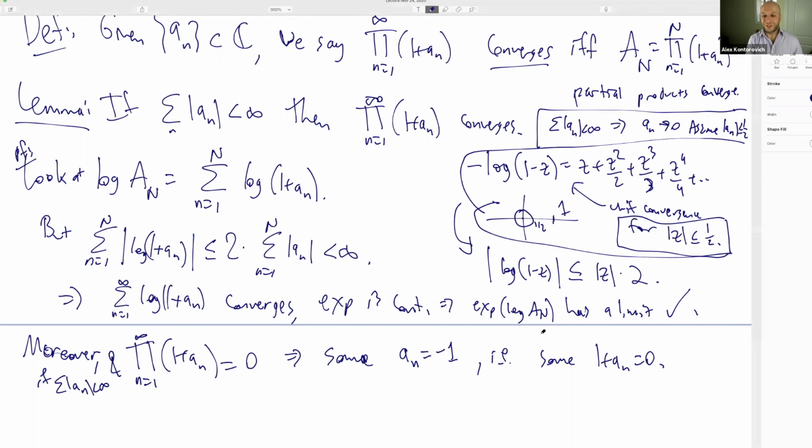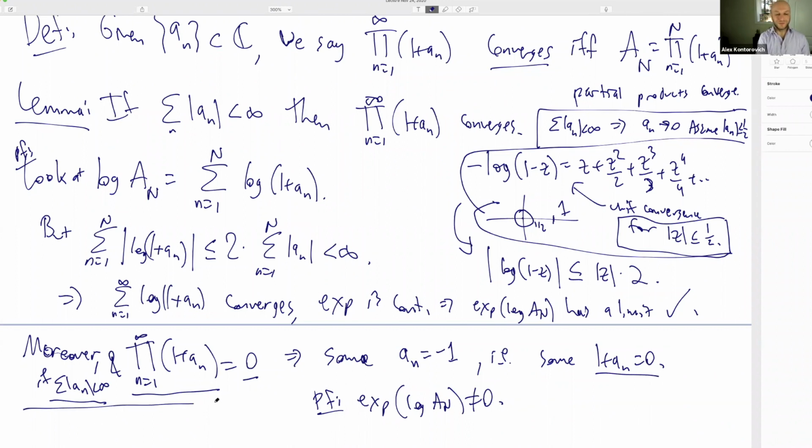The exponential function is not 0. So the proof: exponential of log of 1 plus AN is never 0. So the only way a convergent product ever gets to 0 is if one of the terms itself was 0. Does that make sense? Okay.